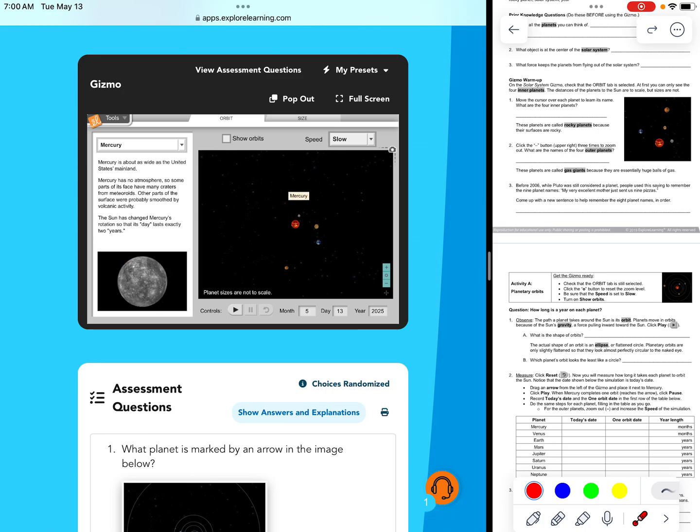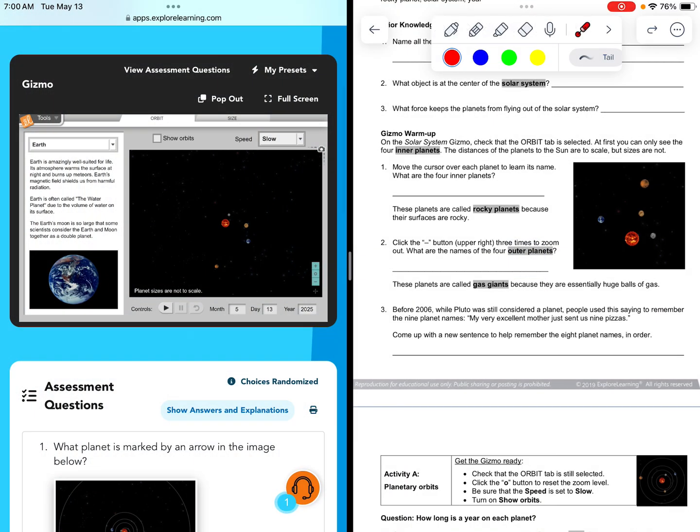And you may notice along the left-hand side that this panel has information about each planet when you tap on it. So for question number 1, you are going to list the 4 inner planets. That's right here. Once you get logged into the Gizmo, you just need to click on them and list them.